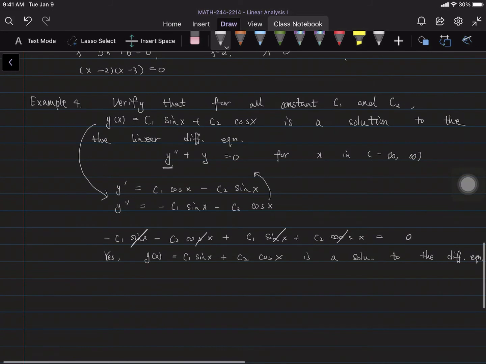And now let's take a look at this exercise problem. We want to test if the given function is the solution of this equation, a second order linear differential equation.